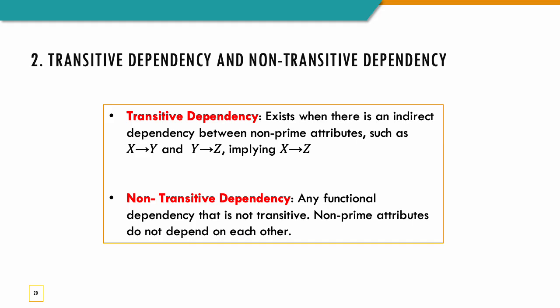Meanwhile, a non-transitive dependency occurs when an attribute is directly dependent on a key attribute and not through another non-key attribute. Okay, let's move on to the examples for your better understanding.